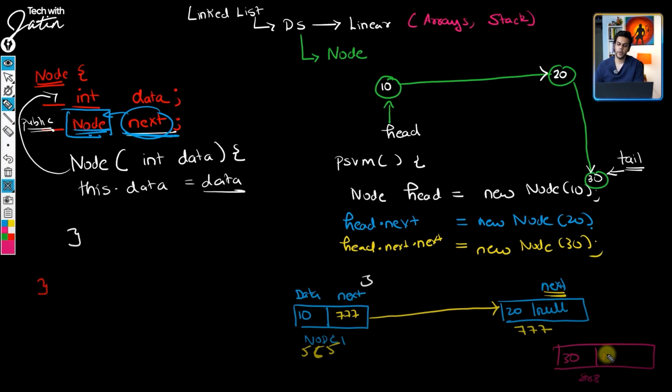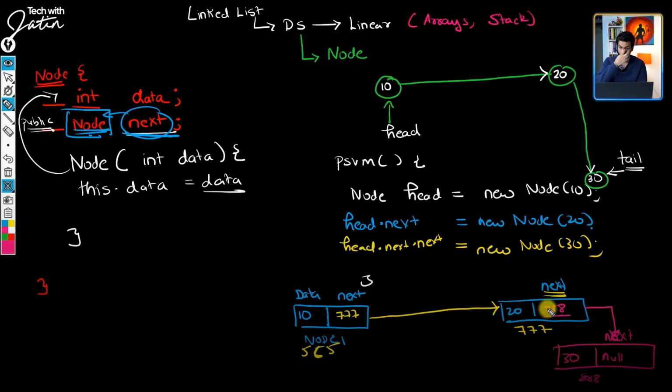The next for this particular node is already null. But since we are using this next variable as a reference variable, the linking will be established. So over here, where you see null, it will be written 888. And this is how your linked list gets created.